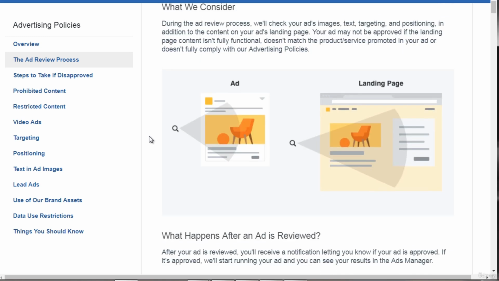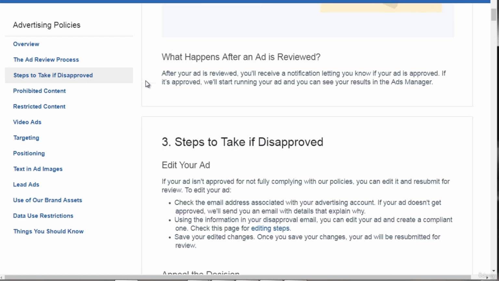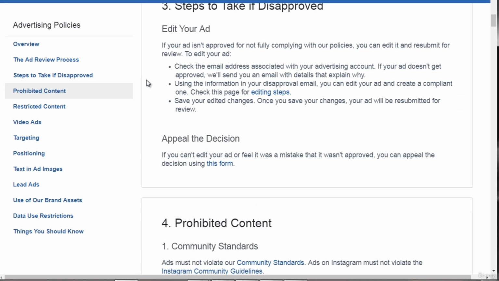But over time, you might be getting a manual review, which means an actual human may be reviewing your ad. Now, sometimes if you get your ads disapproved and you've read through and you've complied with those rules, then you can request a manual review, or you can contact them via support as well. So make sure you read through it is basically the gist of this video.